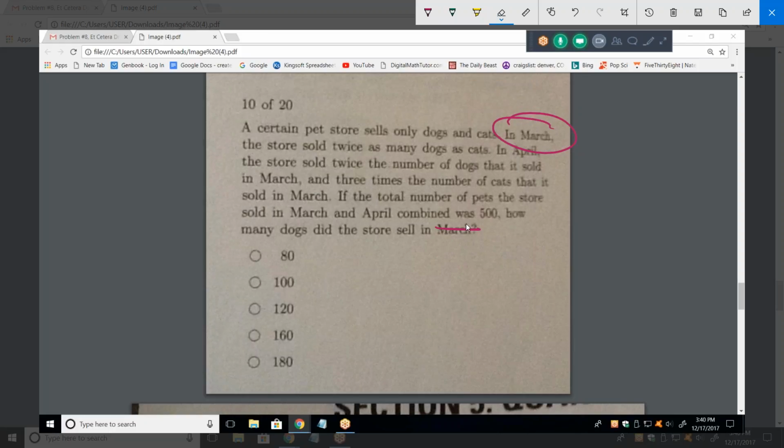but not as much. The key on back solving is if the question they ask can be plugged in from the beginning of the paragraph and work through it sentence by sentence, and we were able to there. Okay. Whereas if they'd have said, how many did it sell in April? Well, then we got to start in the middle of the paragraph and then work our way back to March and figure out how many did they sell in March and how many cats were in March.